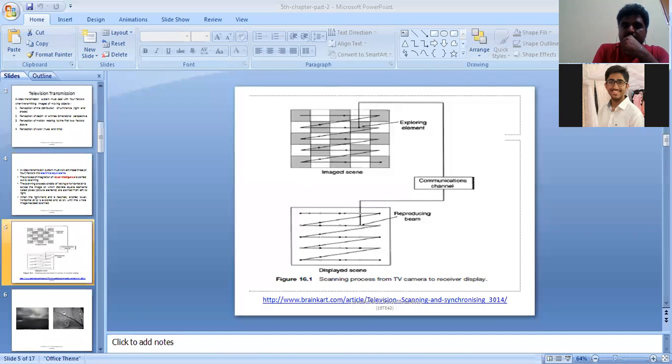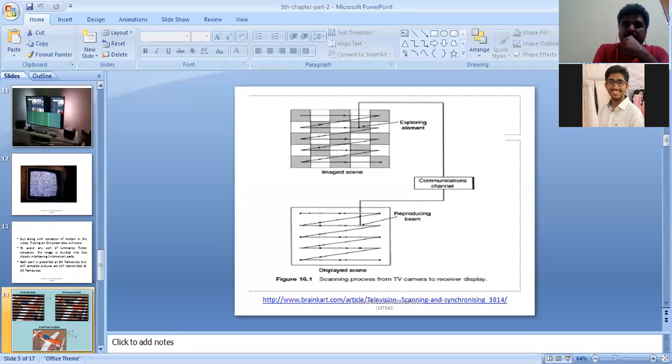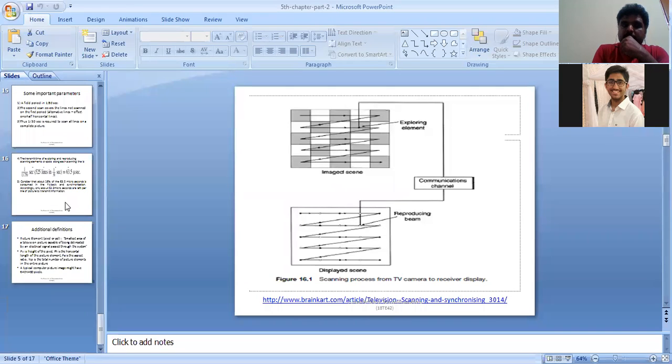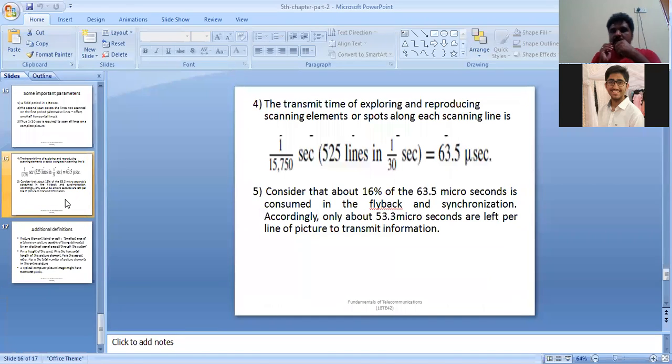For synchronization you need some signal, and that will take some period of time. In the next class we will learn in more detail about synchronization. Presently just understand that not all of the 63.5 microseconds is spent for video itself.